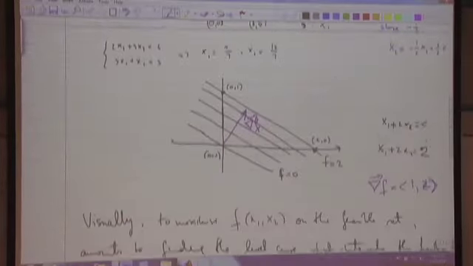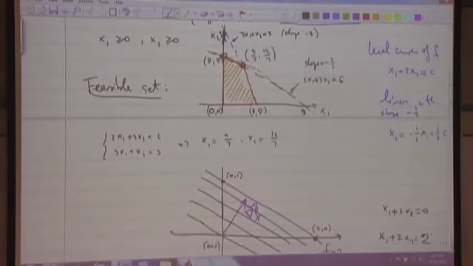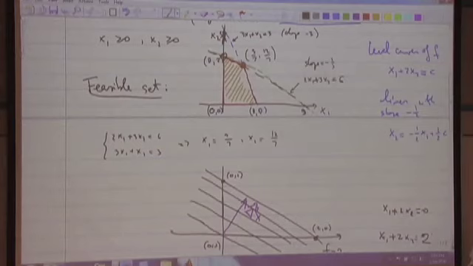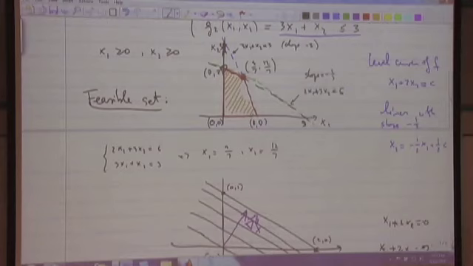Okay? And you can verify this by the following reason, right? So the conclusion visually is that you have this maximum.